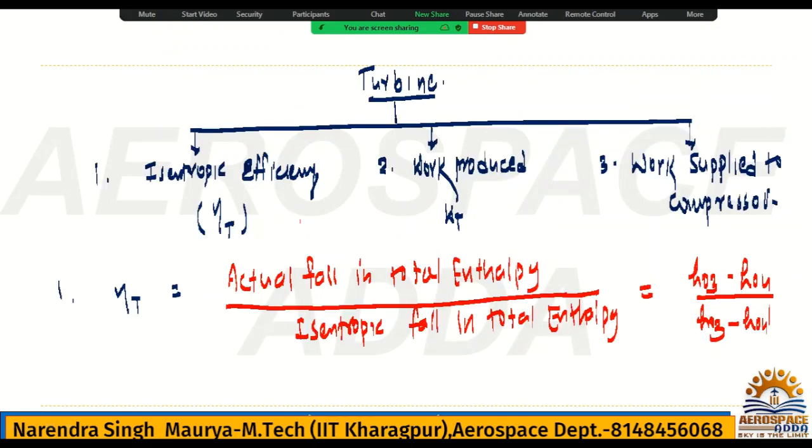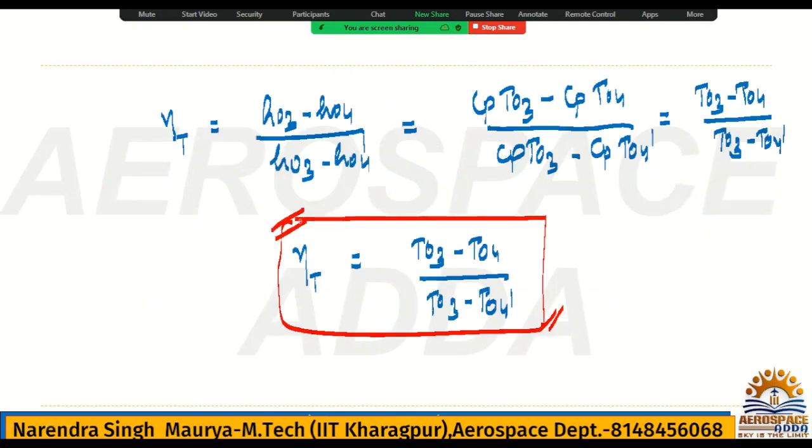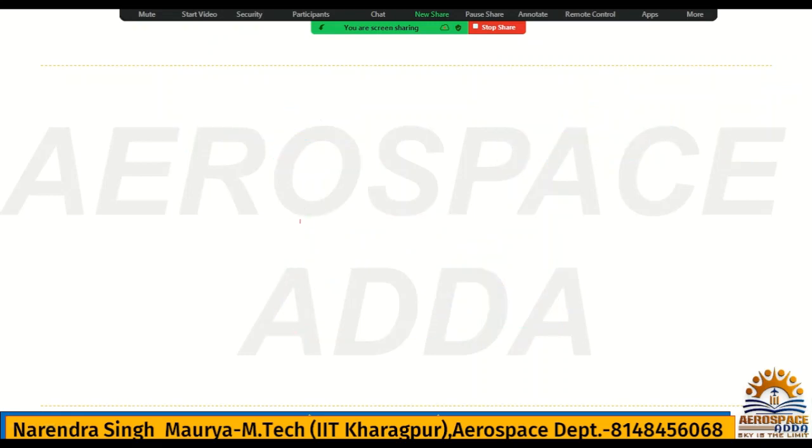Number two, we have to calculate the work produced by the turbine. Number one was the turbine efficiency, and number two is the work produced.